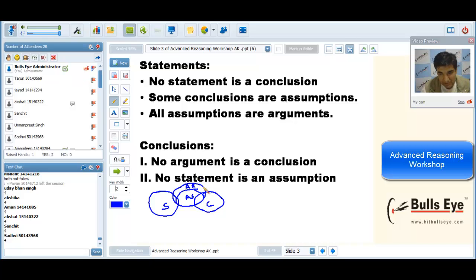I think most of us have solved. The answer to this question is the fourth option, as none of the conclusions follow. I've drawn the diagram. Are we able to interpret it? Any problem with anybody? Can we proceed to the next question now?